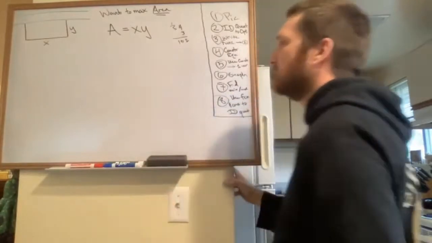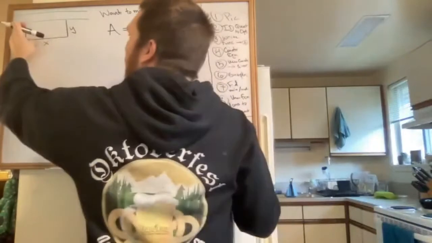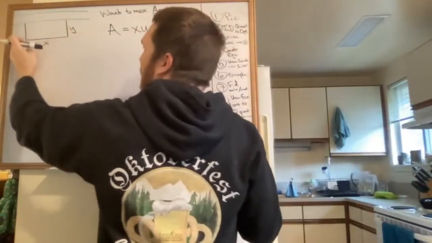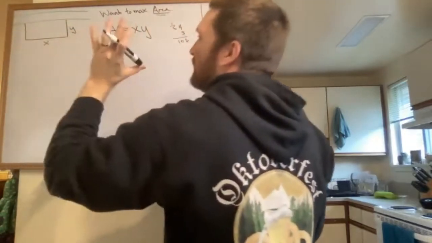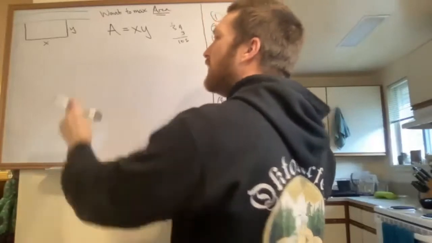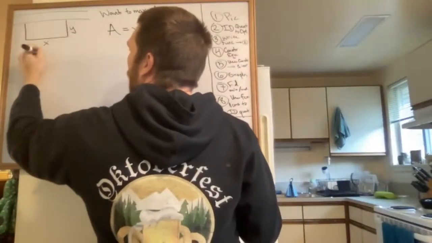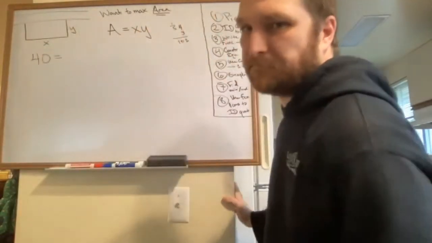We're going to say, okay, this total perimeter right here is constrained to be 40 yards. And so how could I write that in terms of X and Y? 40 has to equal what in terms of X and Y?